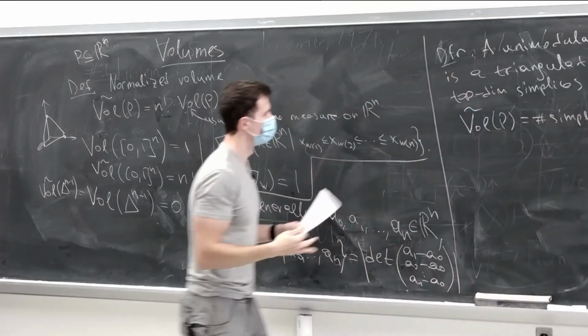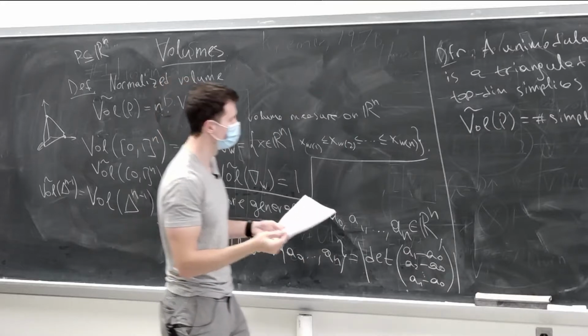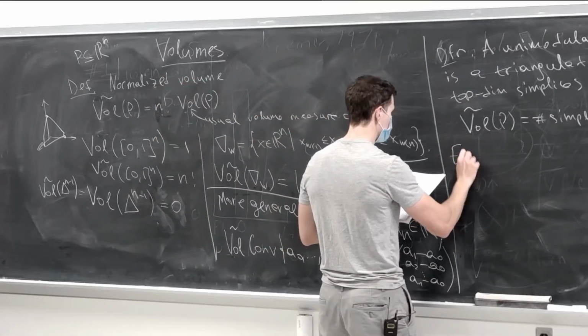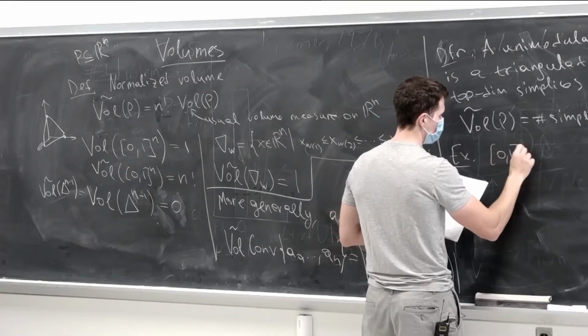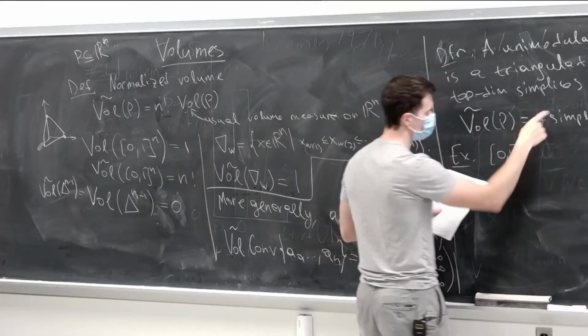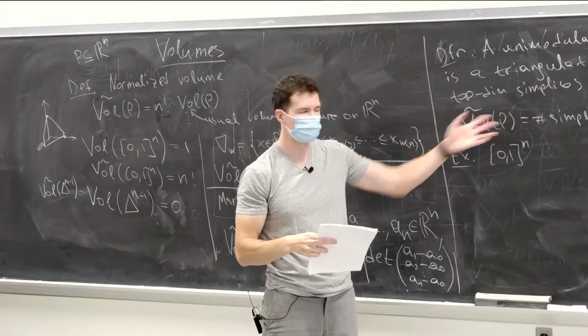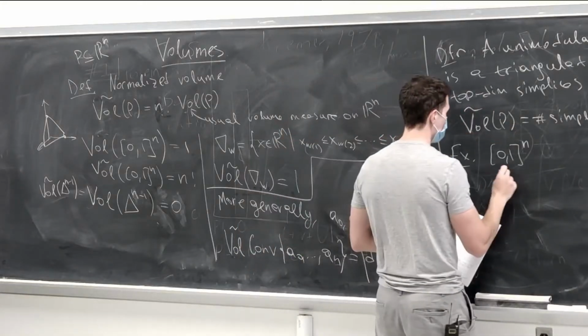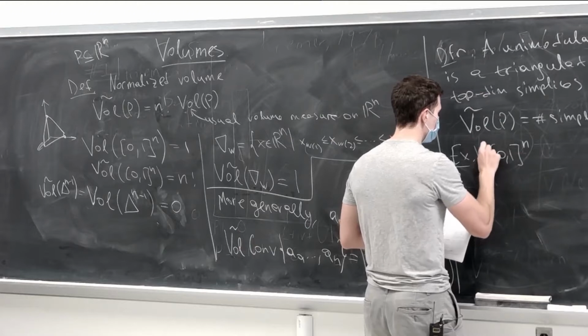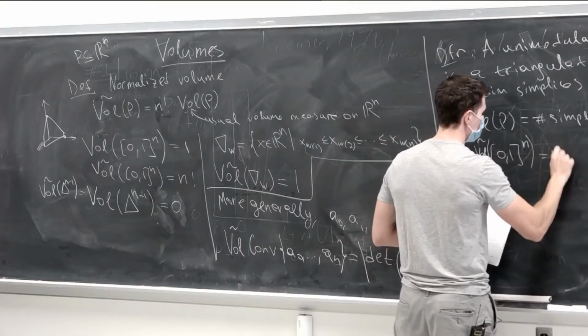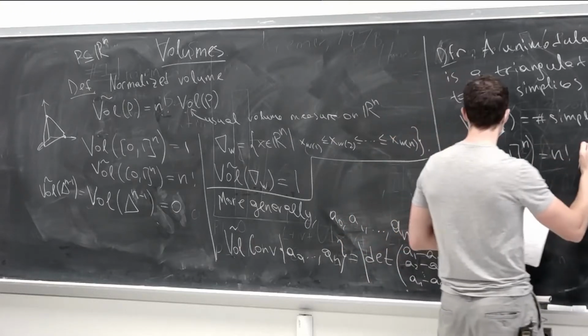In particular, as I discussed last time, we triangulated the hypercube into n factorial simplices. Each has volume 1, so the normalized volume of this thing is n factorial.